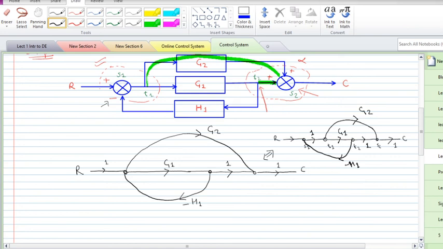So these both are equal, and result in the same transfer function. You can draw either this one or that one. However, I recommend that you should draw this so that there will not be any possibility of error. Okay, thanks for watching this video.